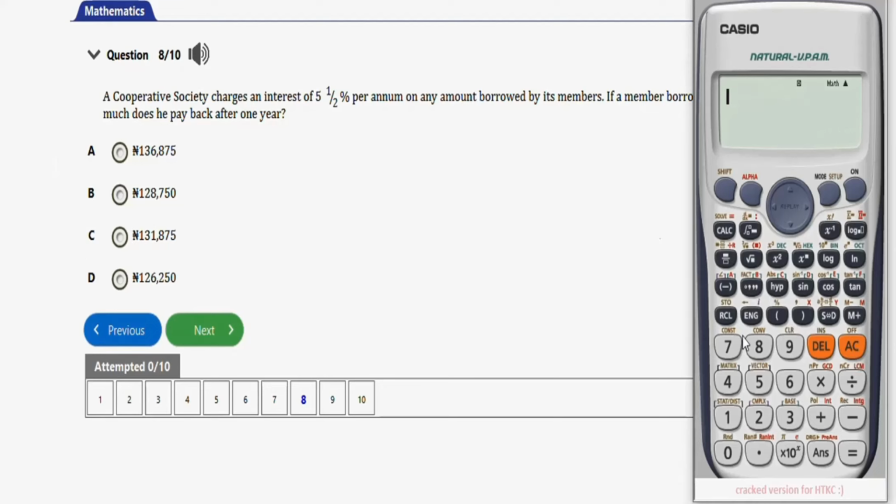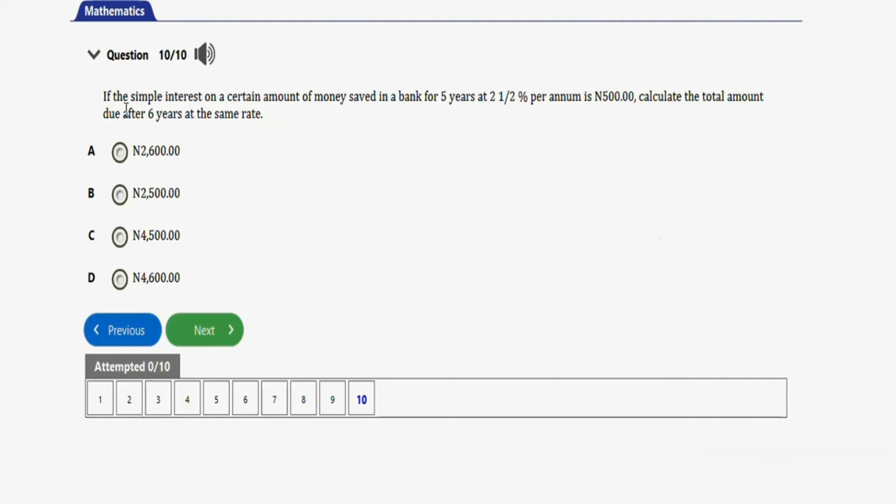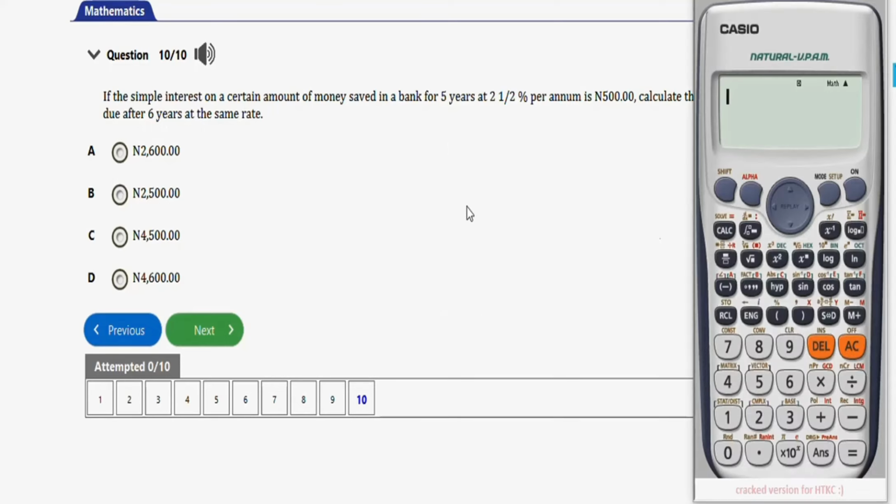Last, before I end this video, will be this question. It says if the simple interest on a certain amount of money saved for 5 years at 2.5% per annum is 500, calculate the total amount due after 6 years at the same rate. Firstly, let's get the principal in 5 years.